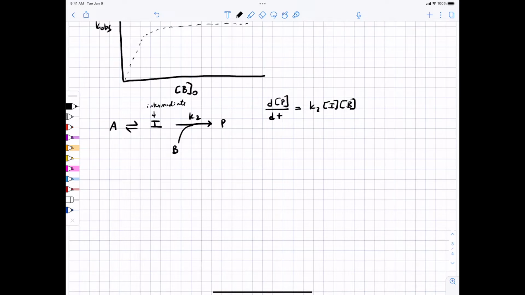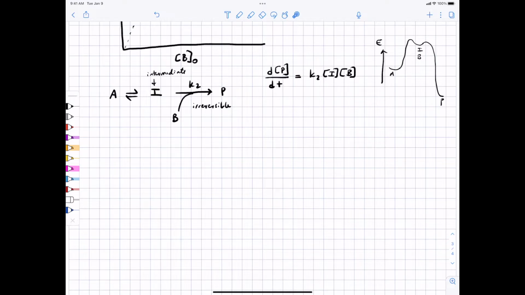Okay, so we're talking about a reaction that has an energy diagram somewhat like this, where here is A in equilibrium with a high energy intermediate, which then combines with B to give us low energy product. And we're going to say that the reaction is irreversible in the sense that the backwards rate constant is basically zero.